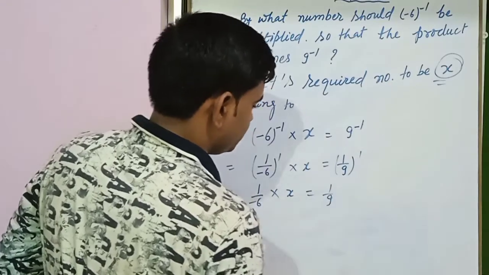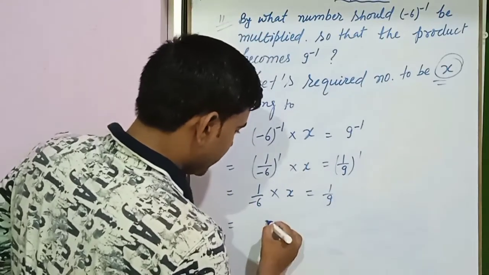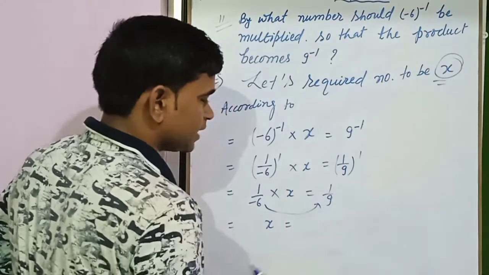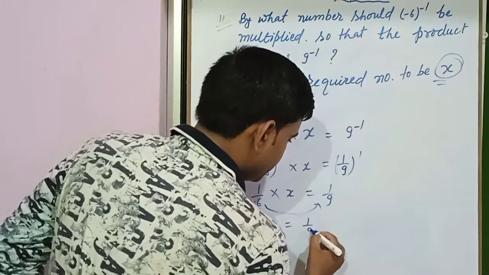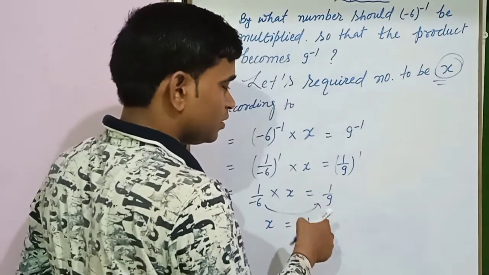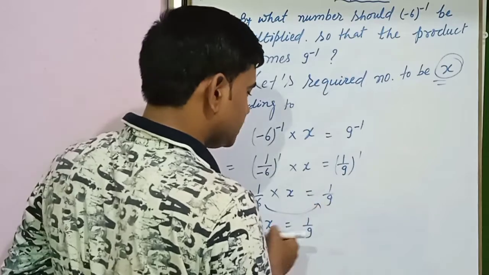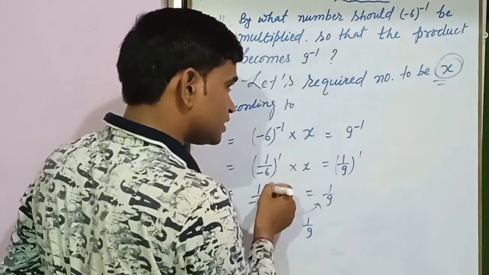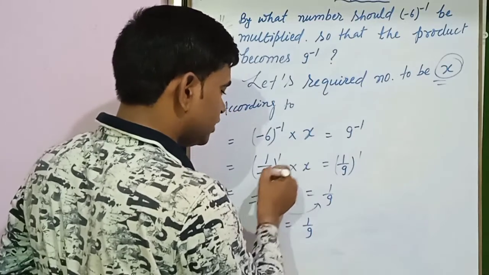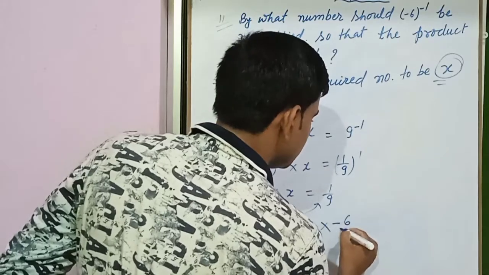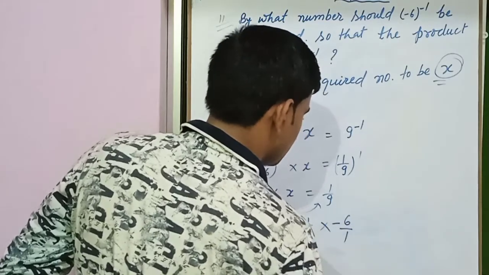So x is equal to, it goes to the right hand side in divide form. When it is in multiply form, the denominator will be changed into the numerator and the numerator into the denominator. So we get minus 6 upon 1.